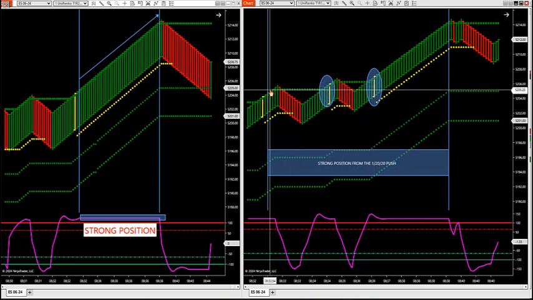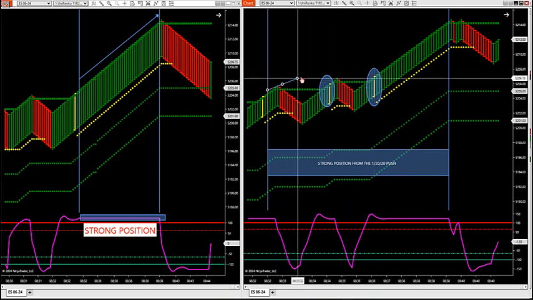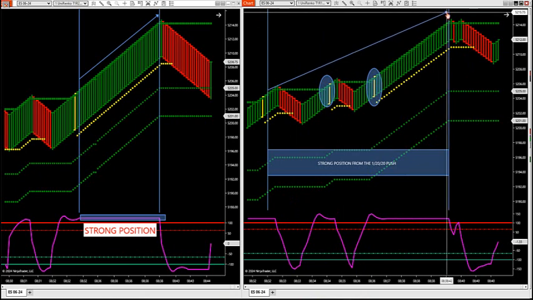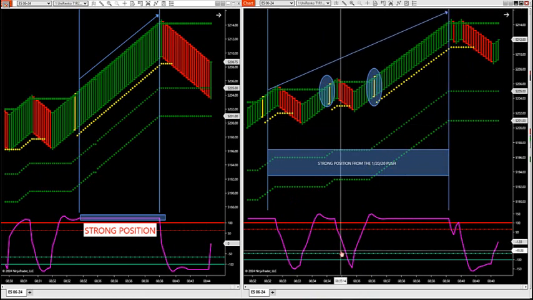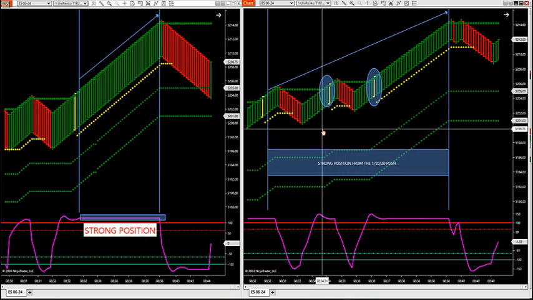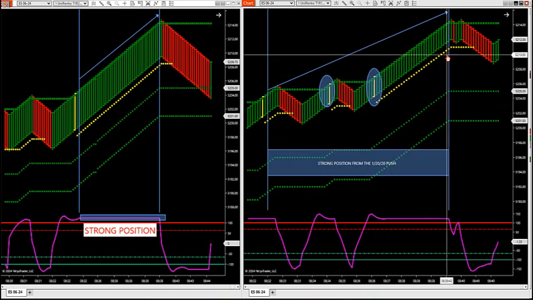The market to get marked up. We're anticipating this market to get marked up in the stronger position off the smaller Renko size. Once it gets in a strong position, let's look to position ourselves on taking advantage of it on a smaller Renko size.